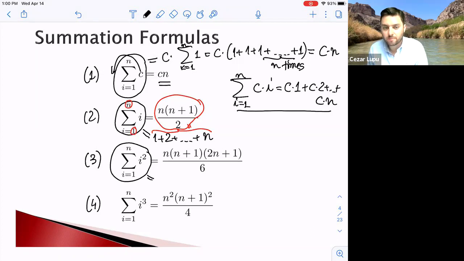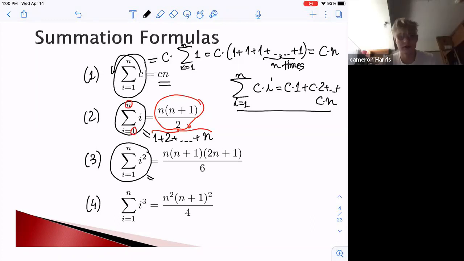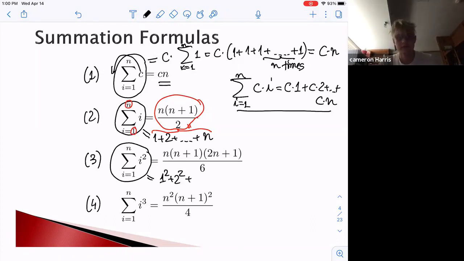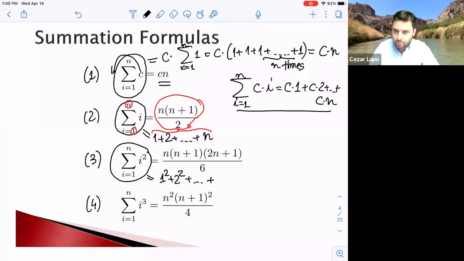What is it? 1 squared plus 2 squared, etc. Exactly. 1 squared plus 2 squared plus, which one is the last one? And n squared, right? Yes.